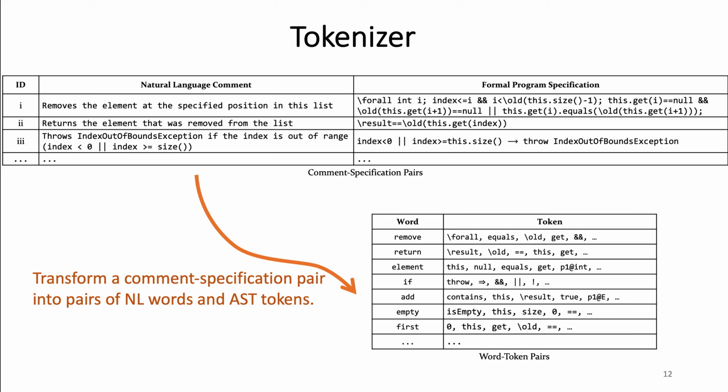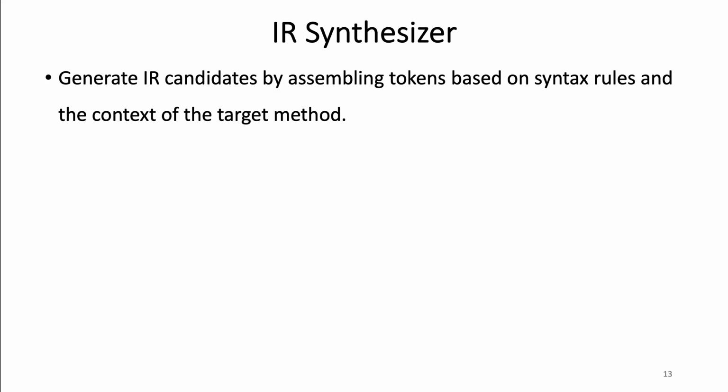We can see from the table that each natural language word is associated with some tokens, which will be used to synthesize specifications. Now we have pairs of natural language words and specification tokens. We are ready to generate specifications.